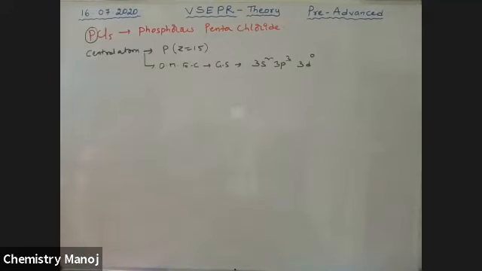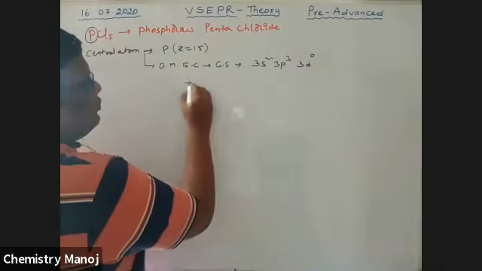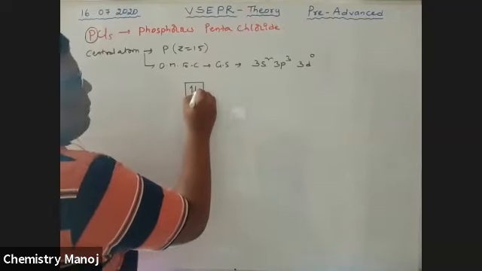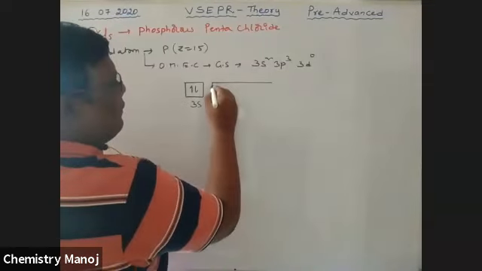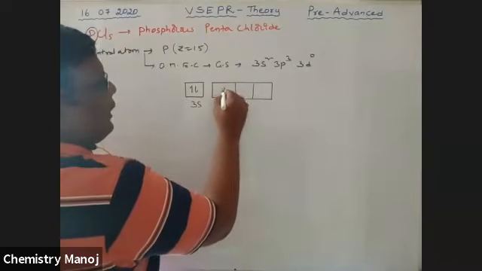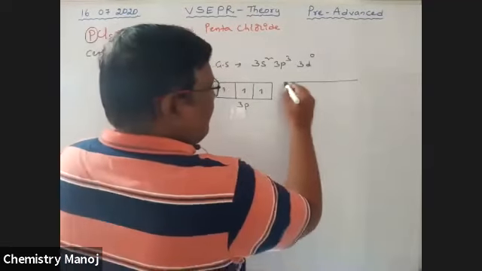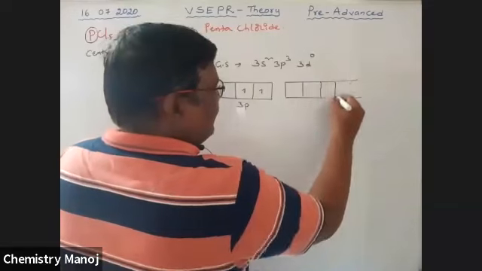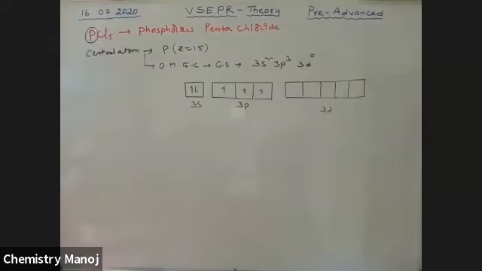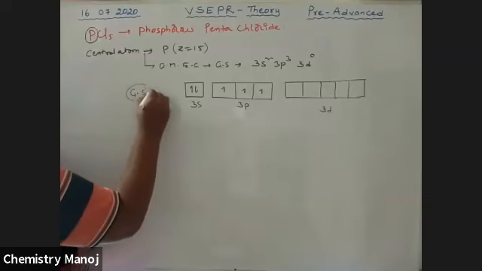Box method: the 3s orbital with a pair of electrons, the 3p orbitals with 3 unpaired electrons, and the five 3d orbitals with no electrons.